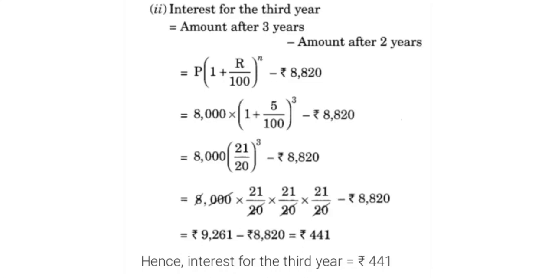So 8,000 in bracket 1 plus 5 upon 100 power is 3 minus 8,820. So it will come 8,000 into 21 upon 20 cube minus 8,820. Now simplify. So answer is 441. Means interest for the third year is rupees 441.